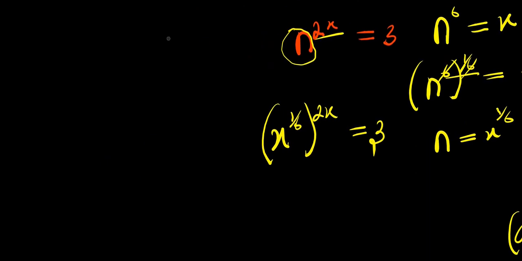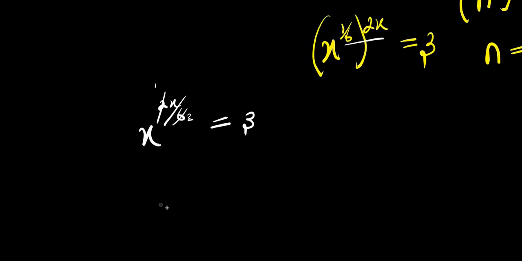Now, by multiplying this exponent, we have x power 2x over 6 equals 3. This divides itself once, divide is 3. We have x power x over 3 equals 3.